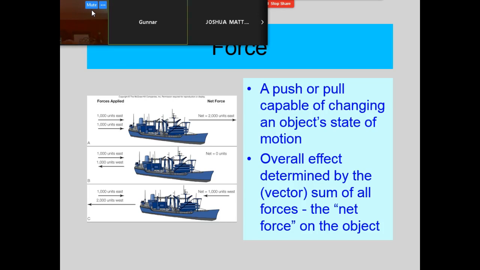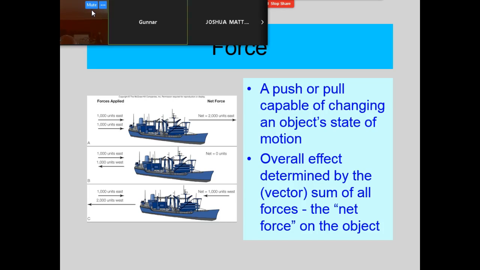So here we have a cargo ship of some nature, and it appears that you have a couple of medium-powered tugboats, 1,000 units each, pushing on the starboard quarter, back there near the rear on the starboard side, right side of the ship. So if they're both pushing that way to the east, then the net force on the ship is 2,000 units to the east. That's just regular addition because they're in the same direction.